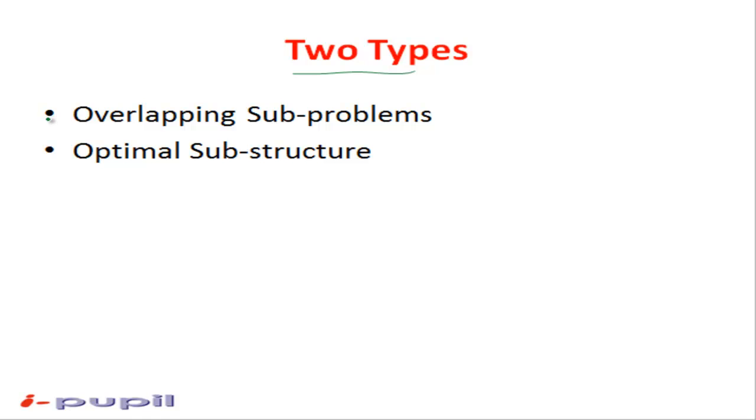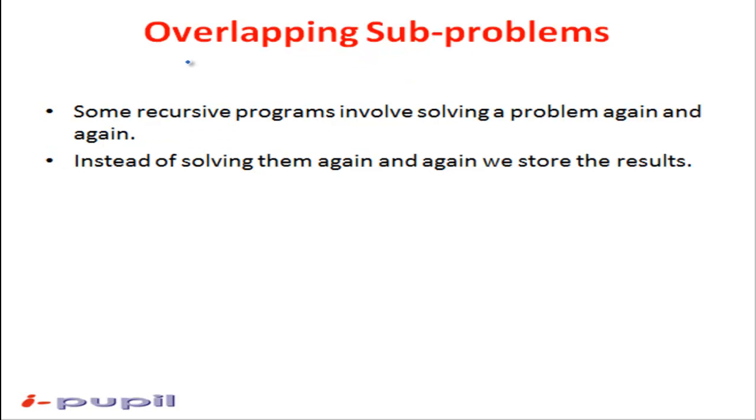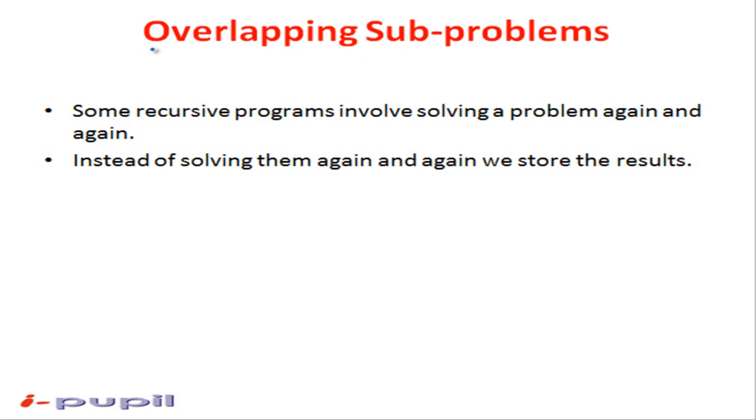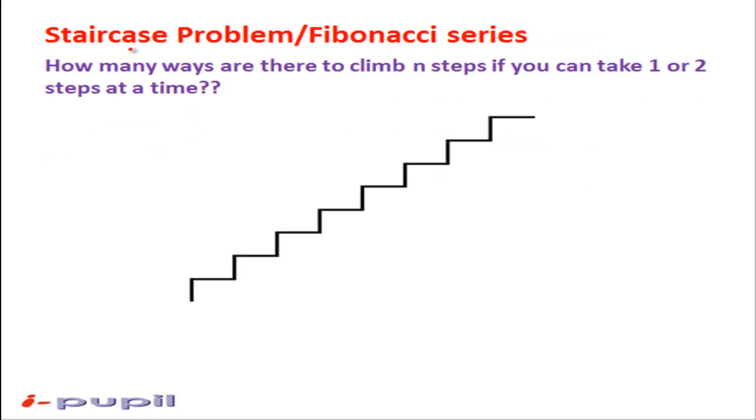First one being the overlapping sub-problems category and the second one being the optimal substructure category. Let's discuss the overlapping sub-problems category first. Some recursive programs involve solving a problem again and again. Instead of solving them again and again, we store the results. Let us study the staircase problem, which is the same as the Fibonacci series problem, to understand the overlapping sub-problems category.